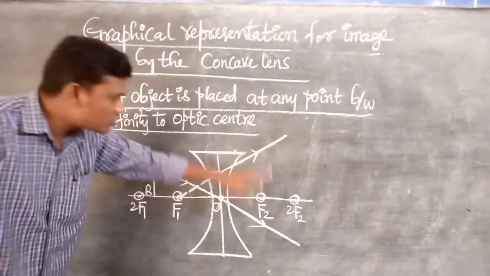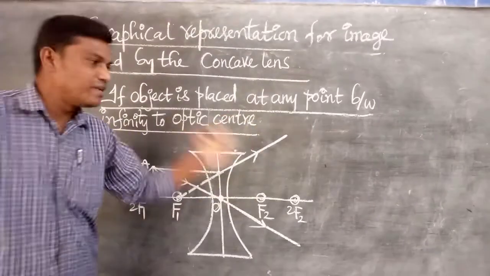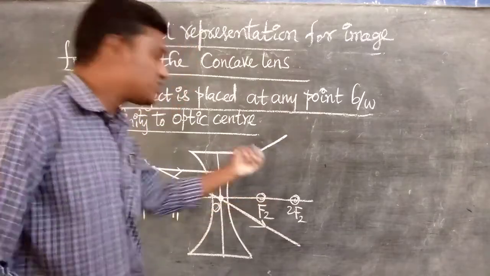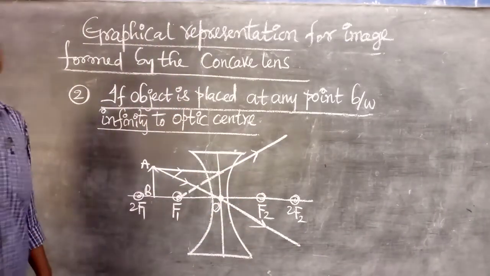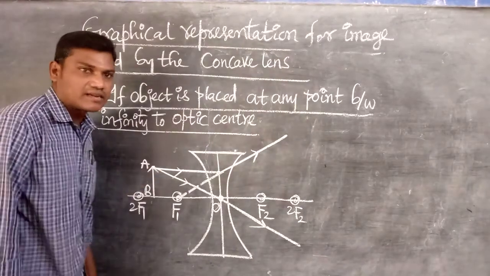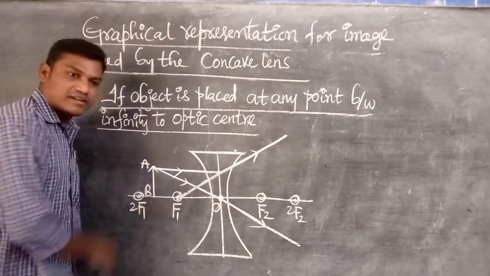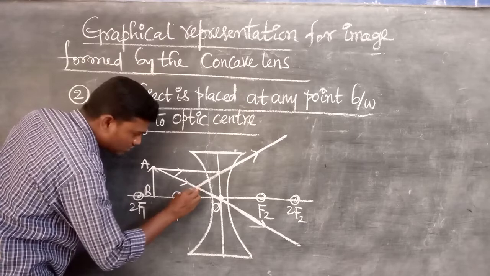So these two rays, after refraction by the concave lens, never meet. That's why a real image is not formed. So which image will be formed? Obviously the other one, the virtual image. But where is it formed? The first refracted ray is extended backward, and the second refracted ray is also extended backward, where these two meet.